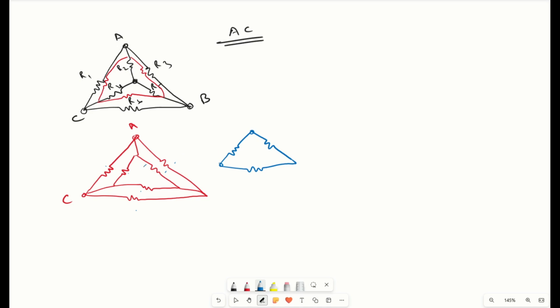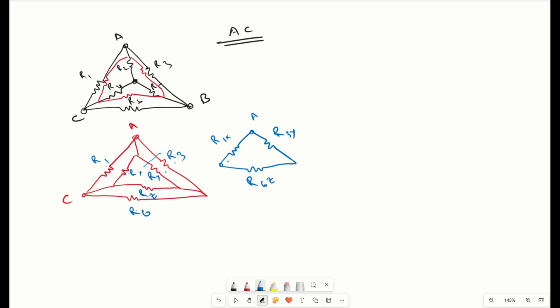So combining these two, suppose I am naming them as R3, this was our R1, this was our R6. This is suppose Rx, this is suppose Ry, this is suppose Rz. So this is nothing but R1x, that is your equivalent resistance. This is your R3y and this is your R6z.